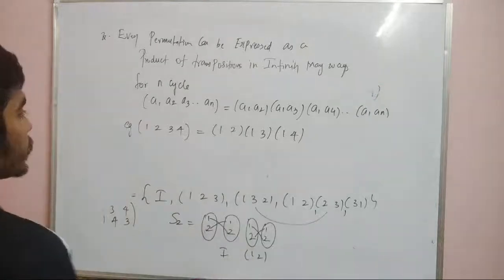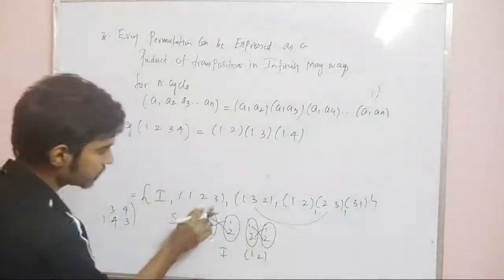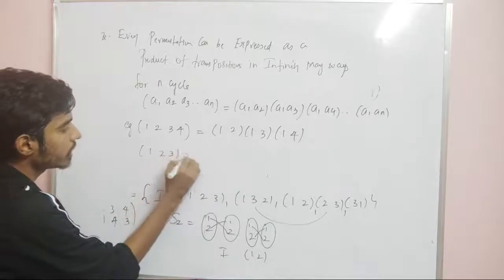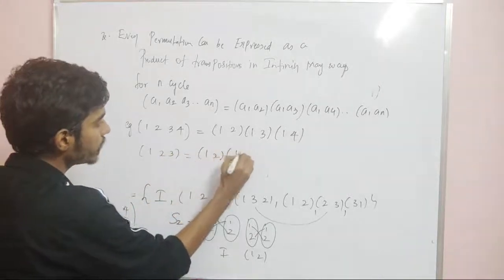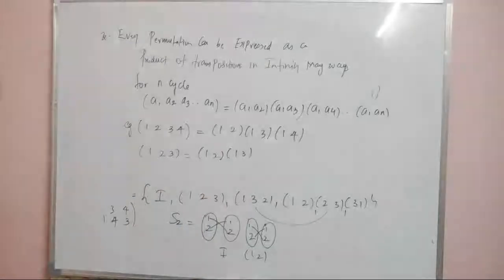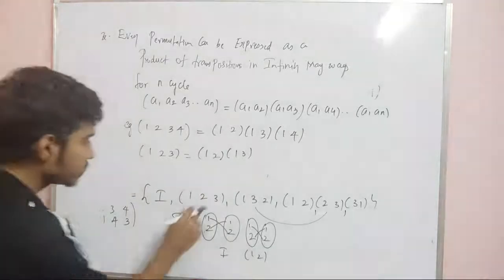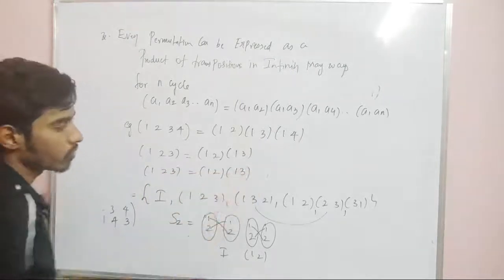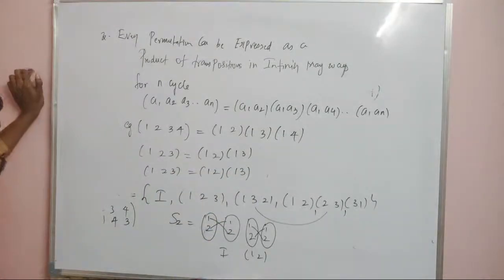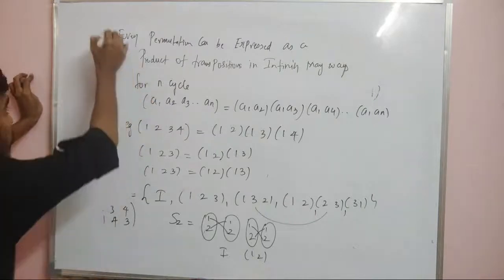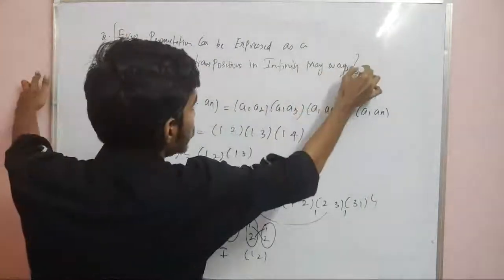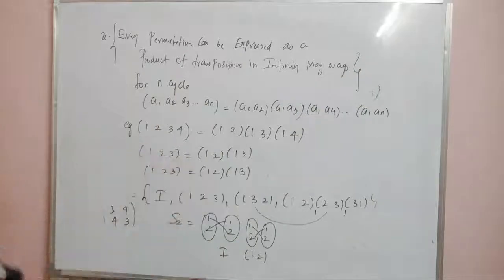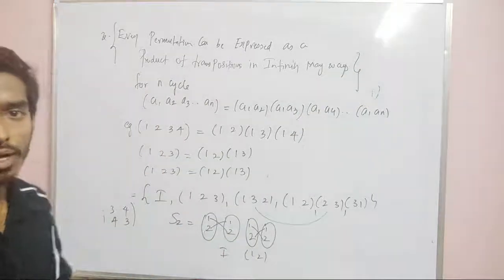Now again, for example, you can also represent (1 2 3) as (1 2)(1 3). Now we are going to introduce two more definitions. From this, what we infer is every cycle can be expressed as some product of transpositions.